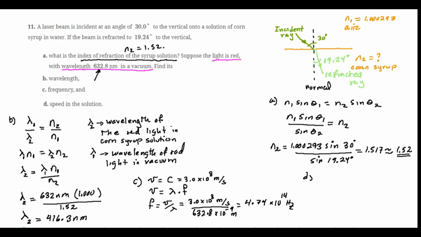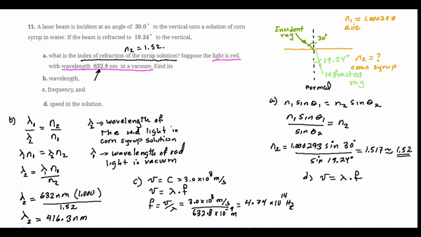And the good thing is that this speed is the wavelength times the frequency. We know the wavelength in the condenser, that is 416.3 nanometers, and we know the frequency, so we can just use this relation.